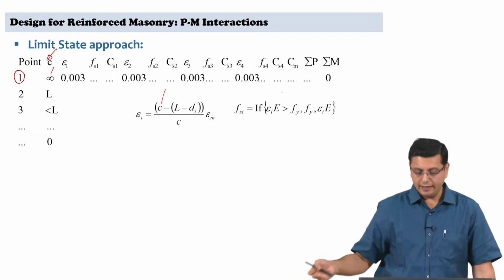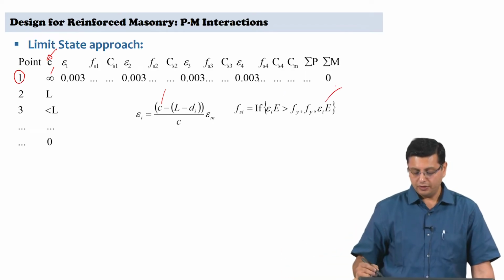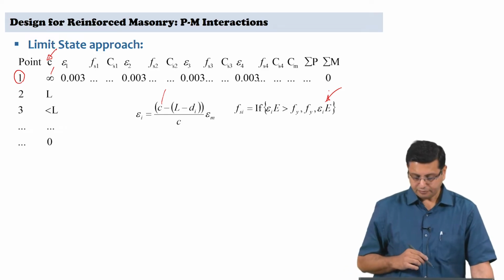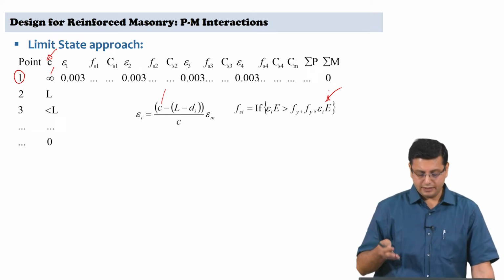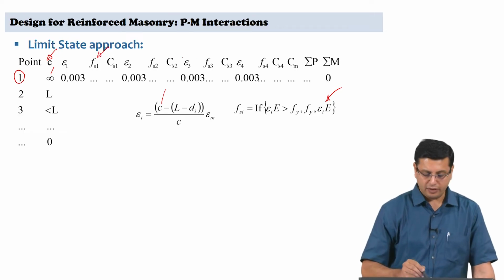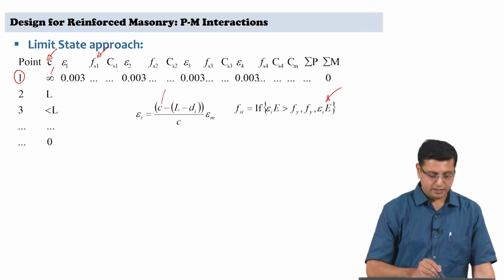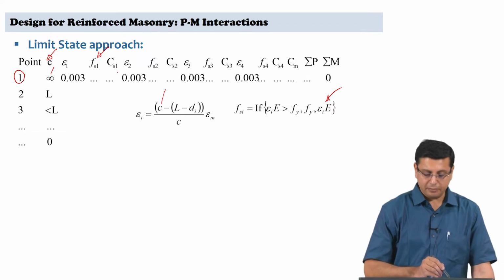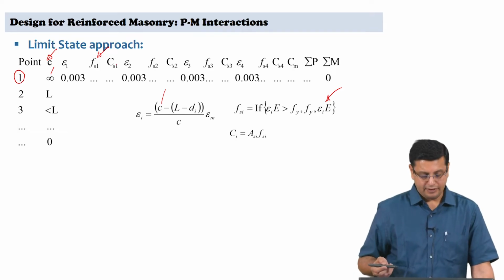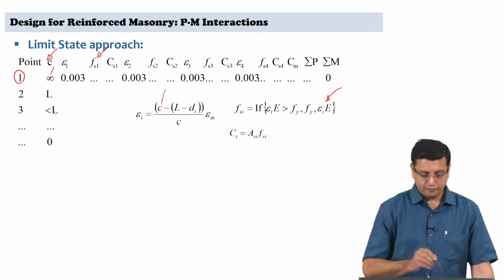If it has not yielded, then you will use the value that you get out of epsilon i into E itself. With the steel stress known, you know Fs1, Fs2, Fs3, Fs4, and you can then estimate, based on the areas of cross section of the steel bars, the compression resultants as Asi into Fsi for each bar.